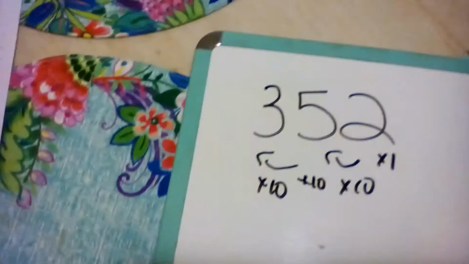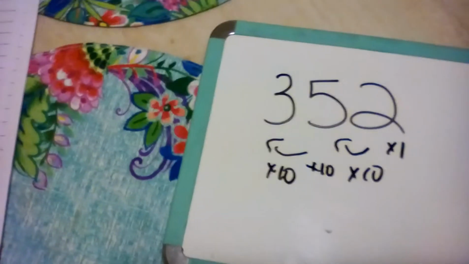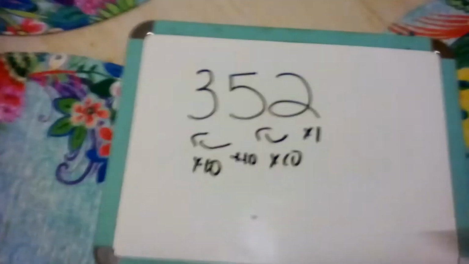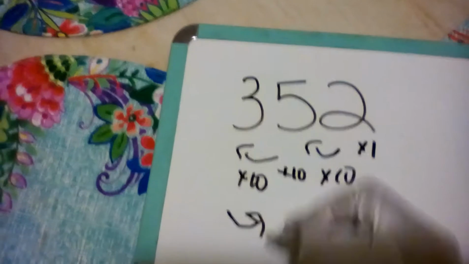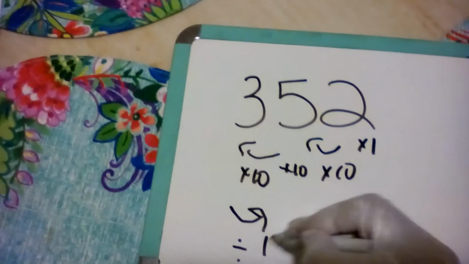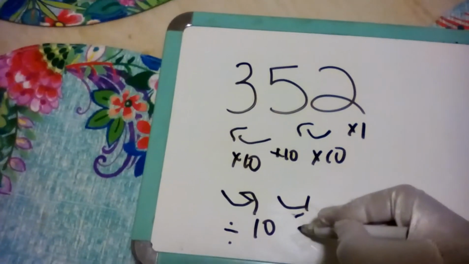And if you multiply 10 times 10, you're going to get the hundreds place. So as we move to the left in a number, you multiply by 10. As you move to the right in a number, you divide by 10. We're moving down in quantity.